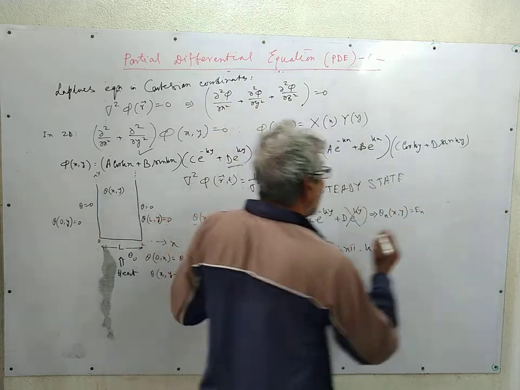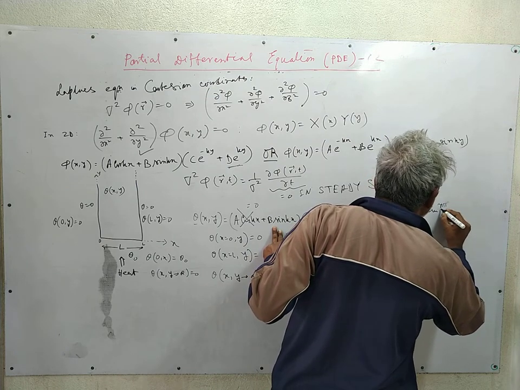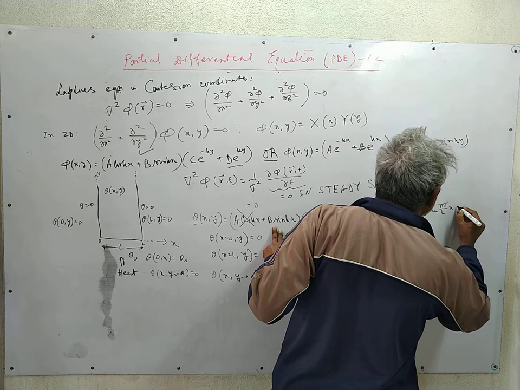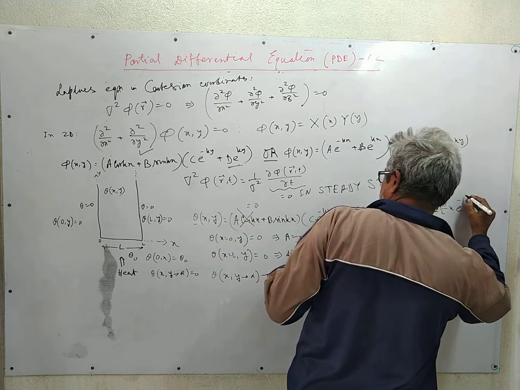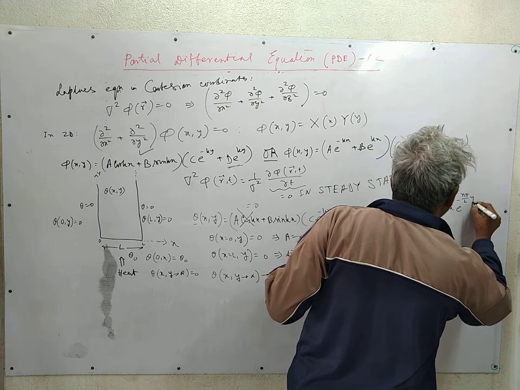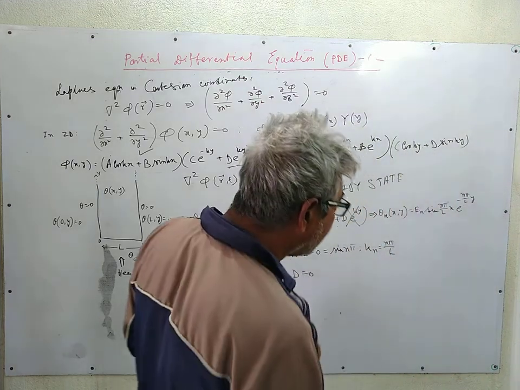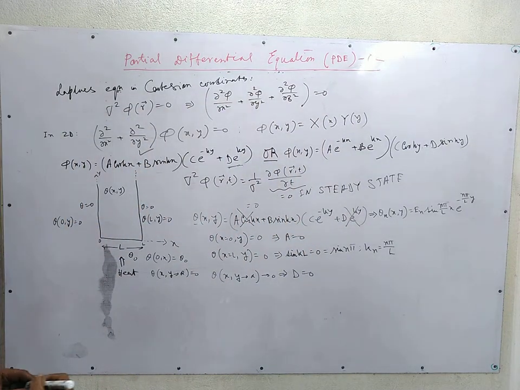Then we have sine of n pi x by L, and we have e to the power minus n pi y by L. This is the solution for a given n, and the restriction on n is that n can have values 1, 2, 3, integral values of n.